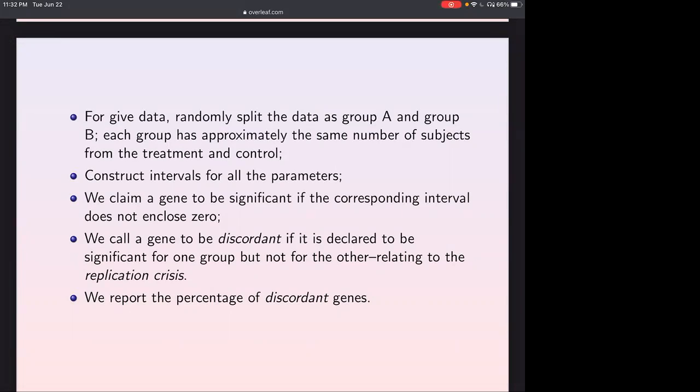Then we construct intervals for all the parameters in both group A and B. We claim a gene to be significant if the corresponding interval doesn't include 0. We call a gene discordant if it is declared significant for one group but not for the other. Then we report the percentage of discordant genes.